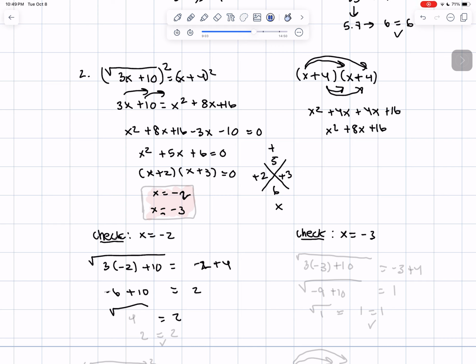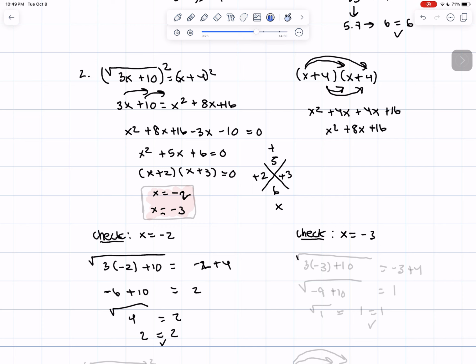But did I do that right? I don't think I did. Because negative 6 plus 10 actually gives me 4. And then square root of 4 is going to be 2. So that means this does work. So same thing, it's easy to make a mistake if you don't add them correctly.